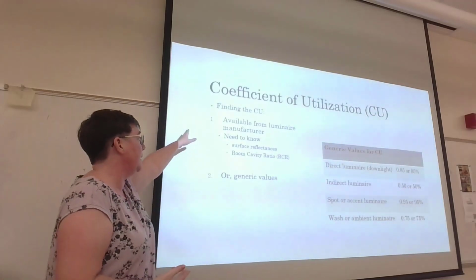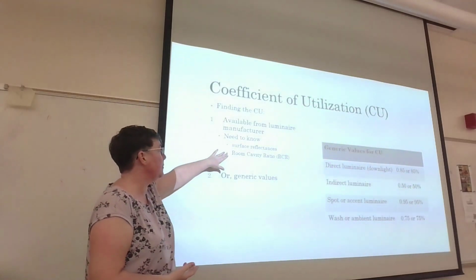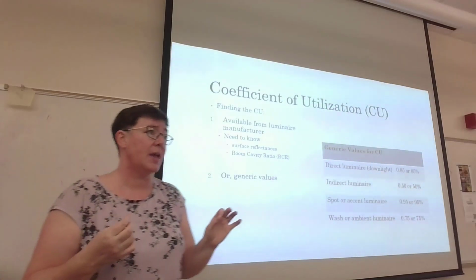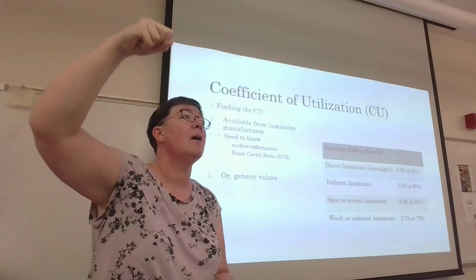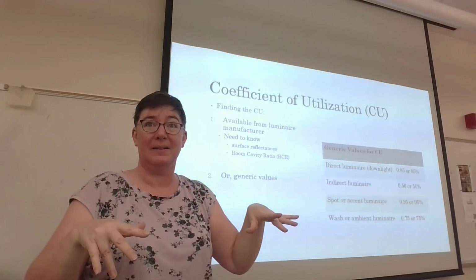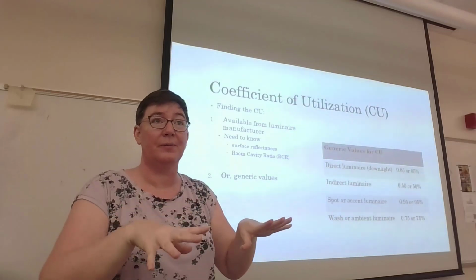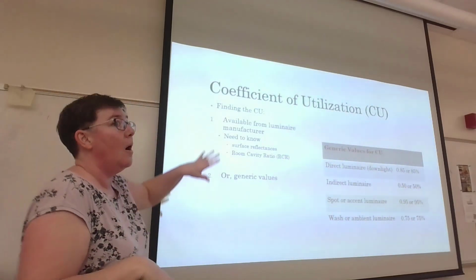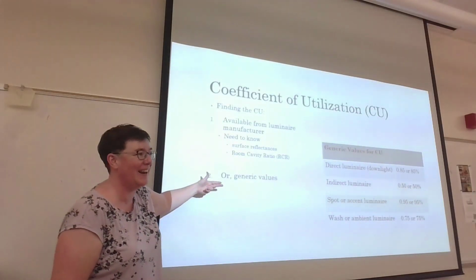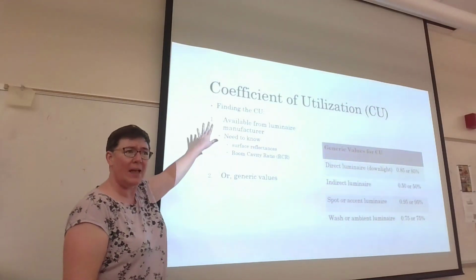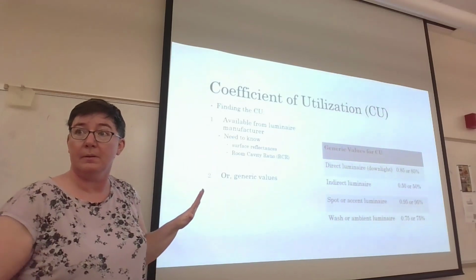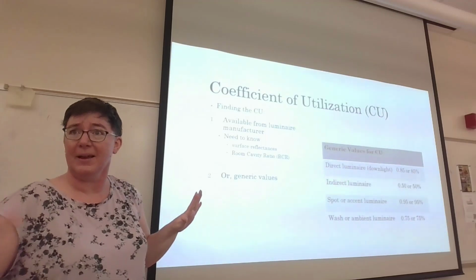They also will have you calculate what's called the room cavity ratio, and it's all about how far away from your task surface the light is, and including those reflectances. Or in our case, we're going to use some generic values, because it's a one semester course.